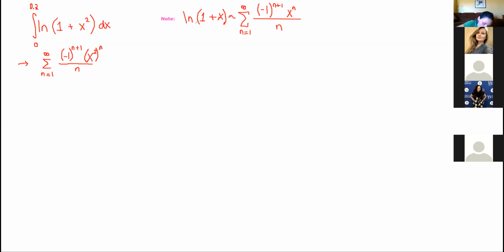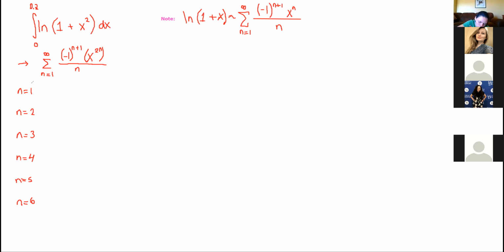Yeah. And since we need the first 6 terms, we start with n equals 1, up to n equals 6.